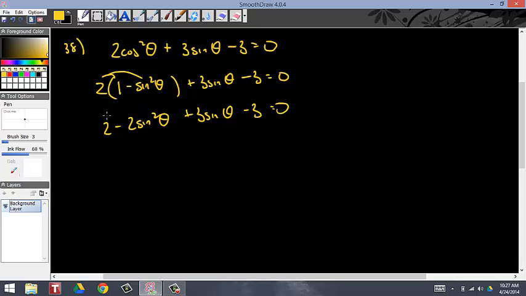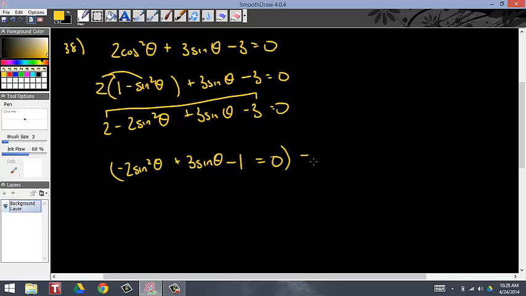I'm going to combine these terms to get negative 1. I've got a negative 2 sine squared theta plus 3 sine theta, and all that equals 0. I personally like to have the leading coefficient in a factor be positive, so I'm going to multiply everything by negative 1. So I get 2 sine squared theta minus 3 sine theta plus 1 equals 0.